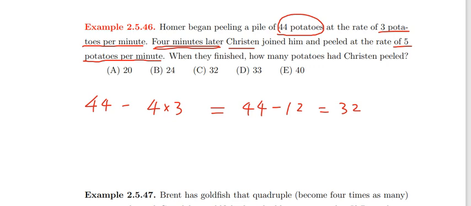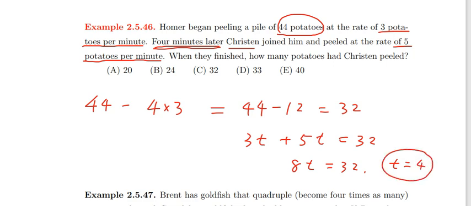So in t minutes, he can peel 3t plus this guy can peel 5t, so we let this equal 32. So we find t equals 4. So they just need 4 minutes.